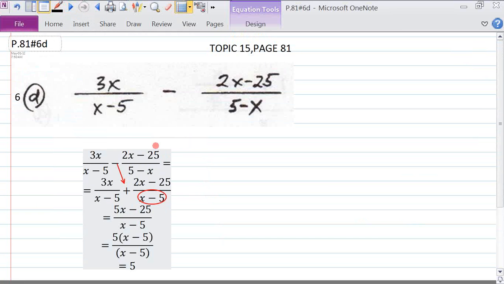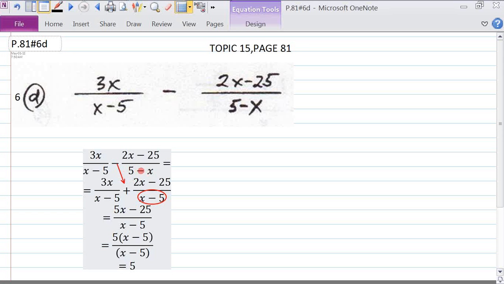The next problem is what we're going to rewrite here: 3x over x minus 5, minus 2x minus 25 over 5 minus x. Now what I've done is I've moved this over to here and this over to here and changed the sign. We've discussed this in several problems before, that we can interchange these positions here.